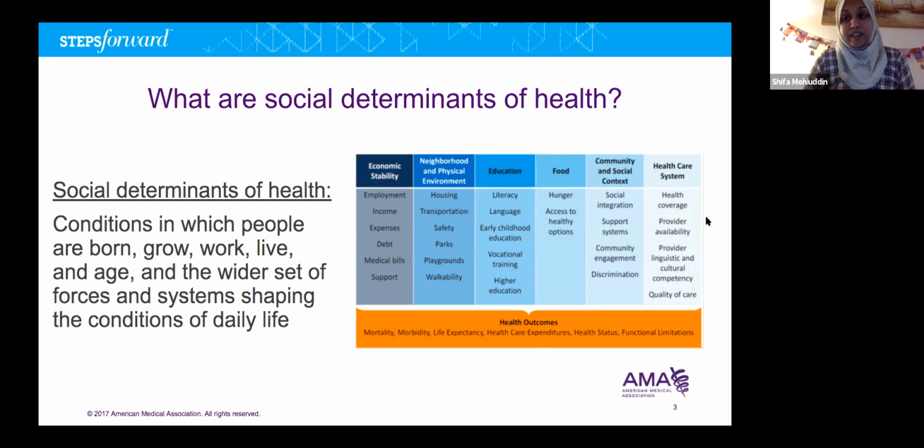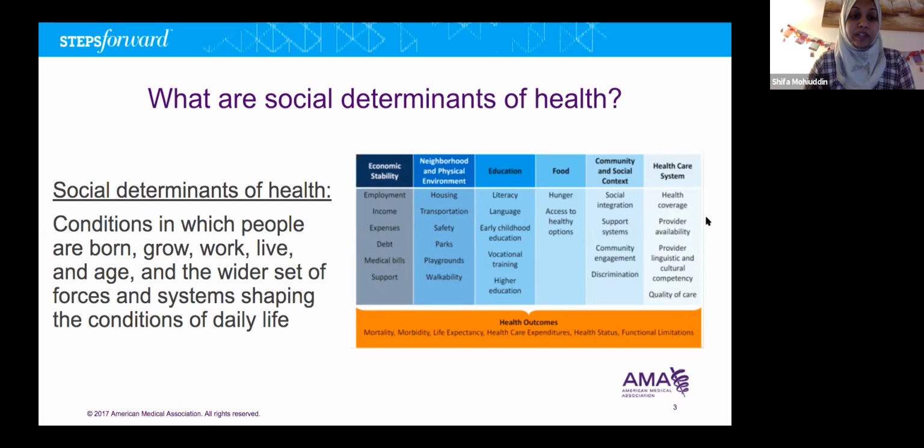So in the context of public health, primary care, medicine, and also social services, what are social determinants of health? These are conditions in which people are born, grow, work, live, and age. Things that we can't necessarily change.